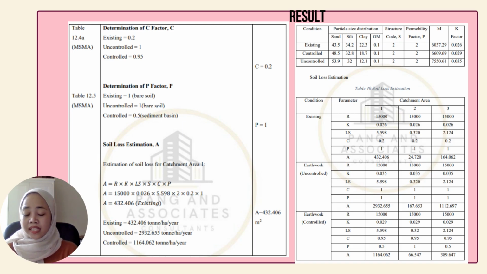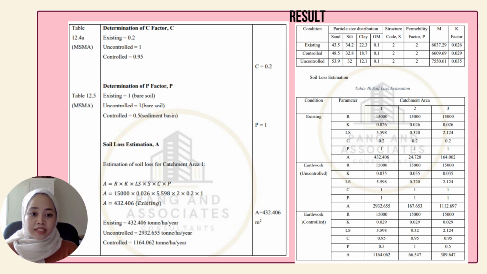From this calculation we determine the C factor equal to 0.2, and the P factor equal to 1, and then the soil estimation equal to 432.406 meters square.